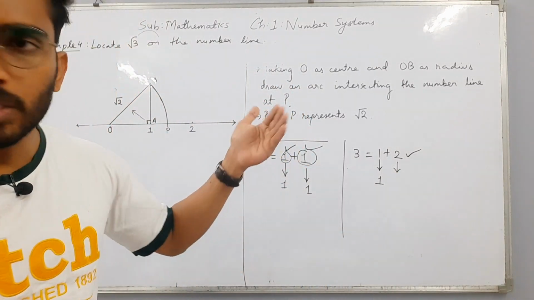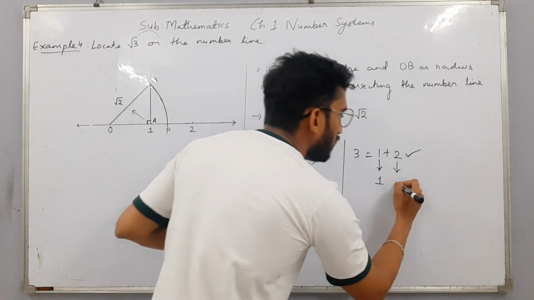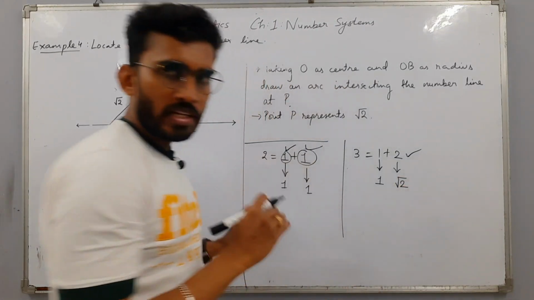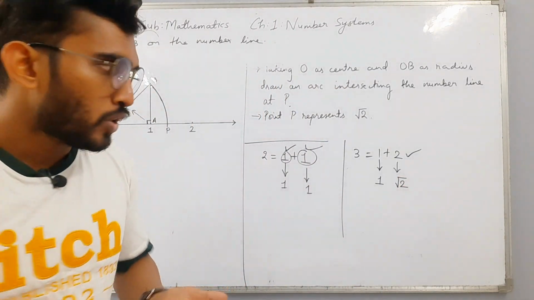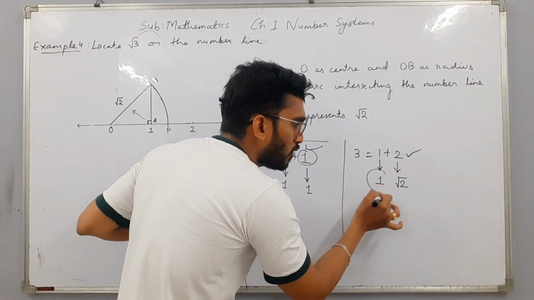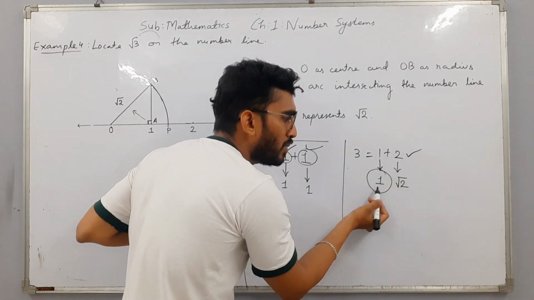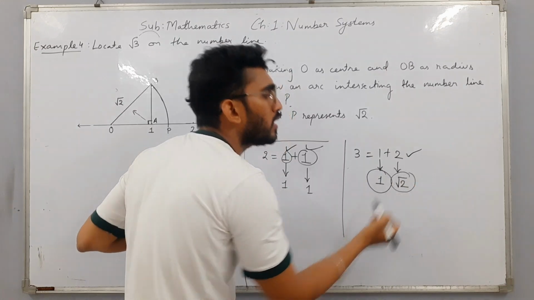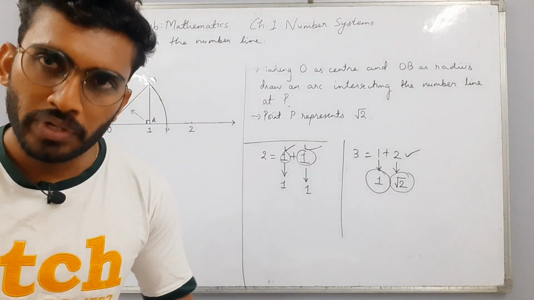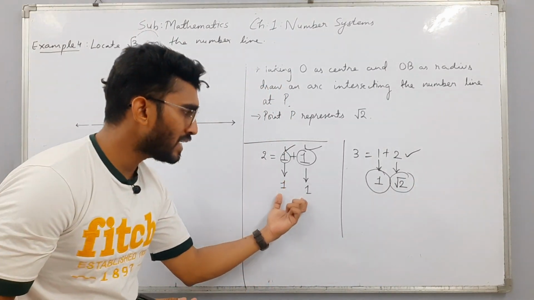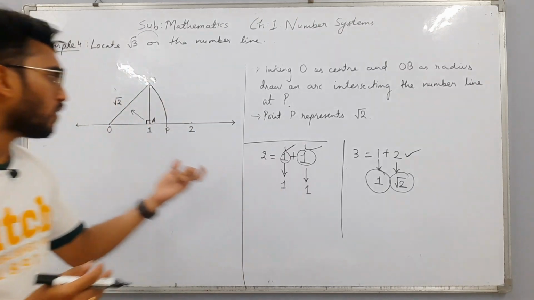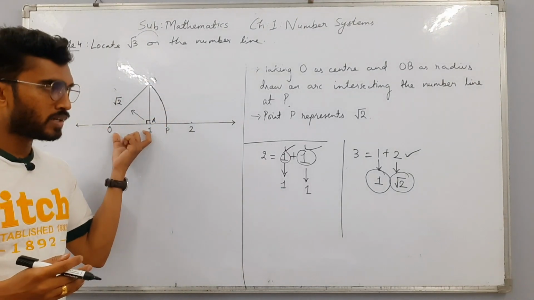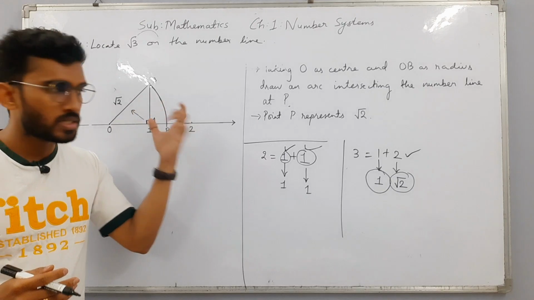So if we take the square root of 2, it will be root 2. That means we have to make a right triangle in which one side will be equal to 1 unit and the other will be equal to root 2 units. In the earlier case we took two sides of 1 unit each to get root 2 as the hypotenuse.